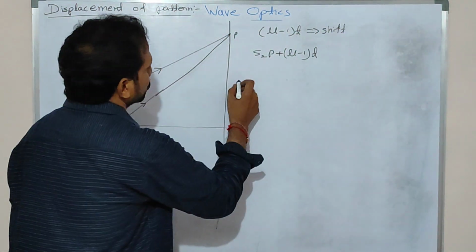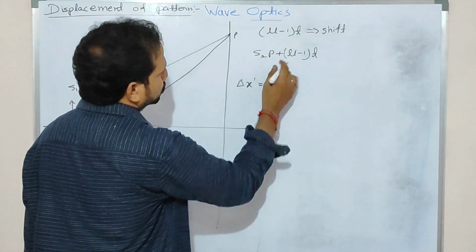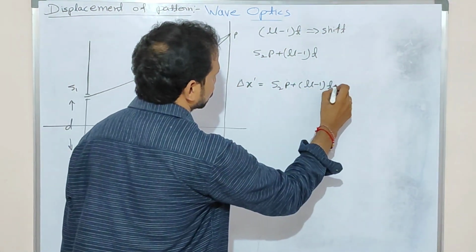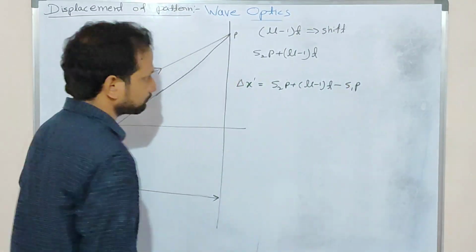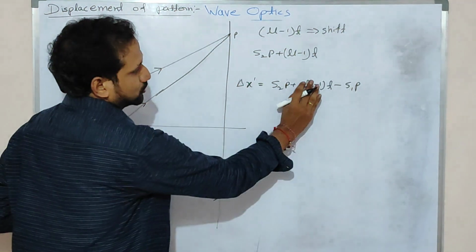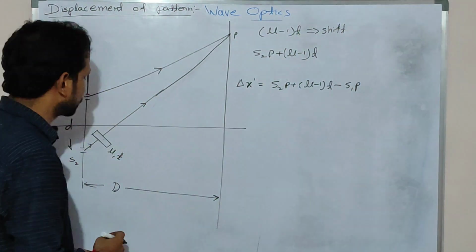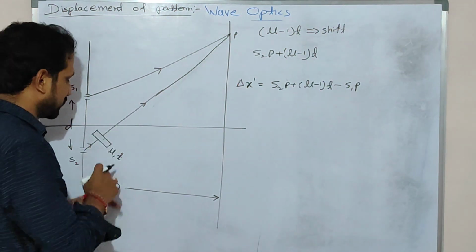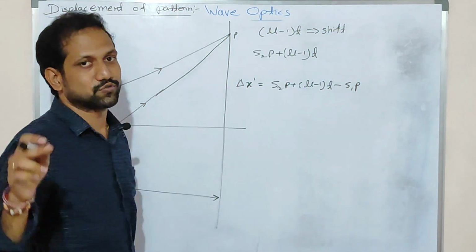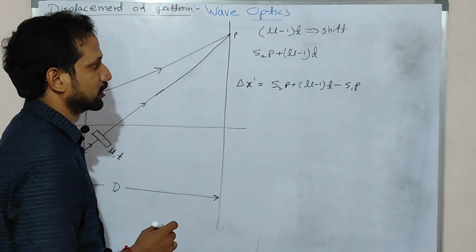Now the new path difference equals the new S2P plus mu minus 1 into t, minus S1P. When this was not there, you did not consider it, only S2P minus S1P. But now we are introducing this, so there is some extra distance that light has to travel. So only this is included. I hope you got it.